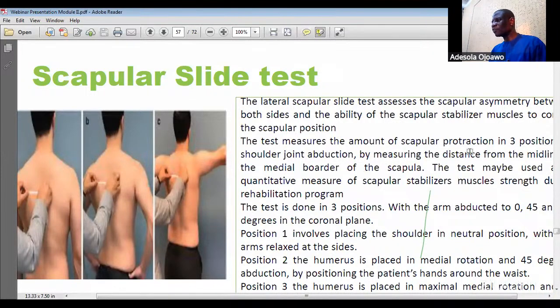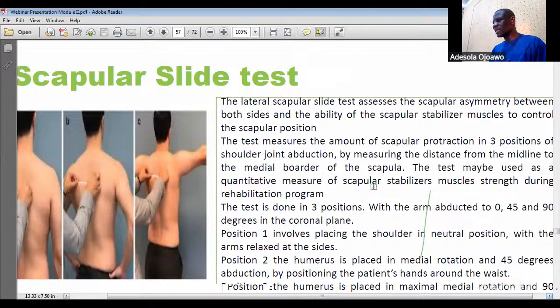Just measure the amount of scapular rotation and protraction in 3 positions of shoulder joint abduction by measuring the distance from the midline to the medial border of the scapula. The test may be used as a quantitative measure of scapular stabilizer muscle strength during the rehabilitation program.